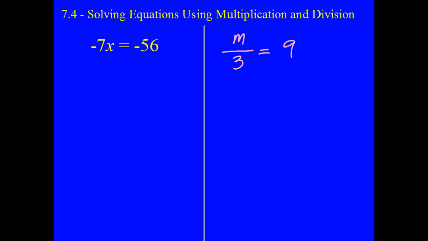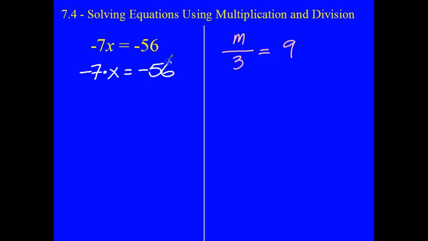Okay, now let's try another one. Let's do solving equations with the first one here. I've got negative 7x is equal to negative 56. Whenever there's a negative in here, I like to think that's what's in the group. I have a hard time imagining a negative amount of groups. So let's rewrite this: negative 7 times x is equal to negative 56.